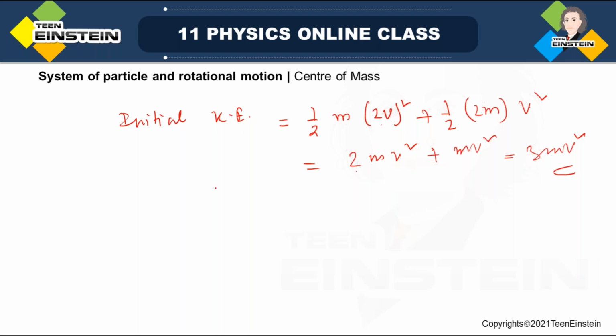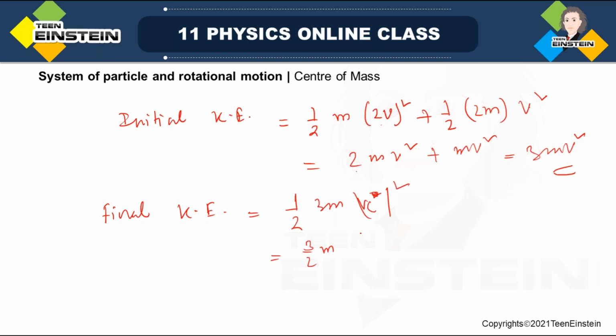And what is the final kinetic energy? Final kinetic energy is half of 3m into vc mod square.